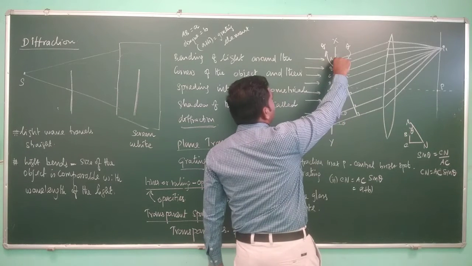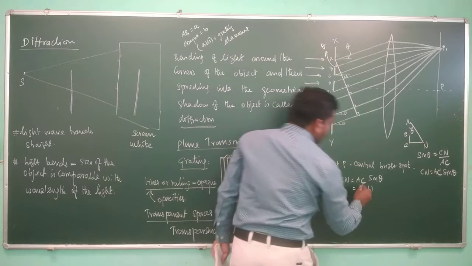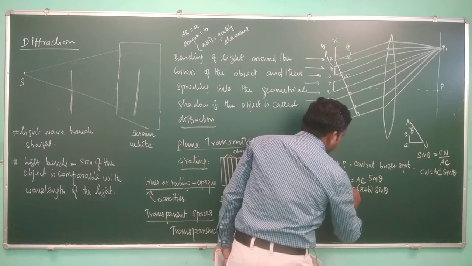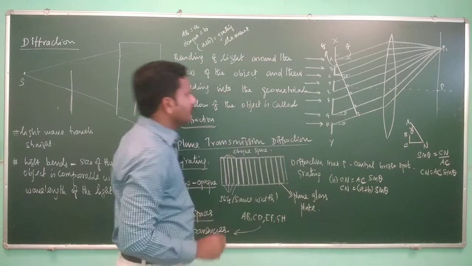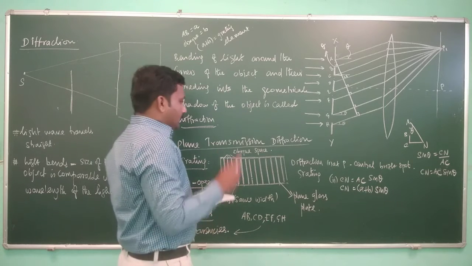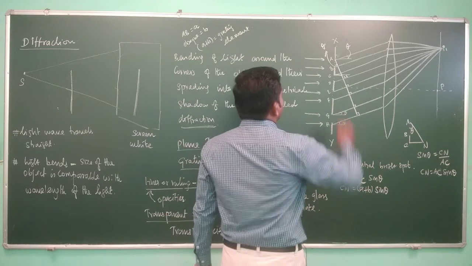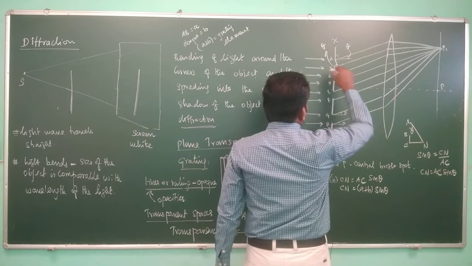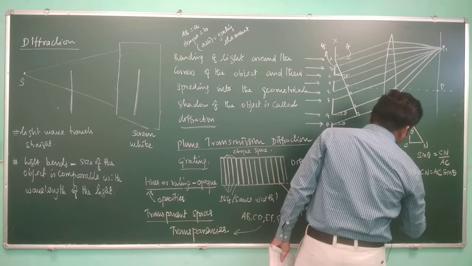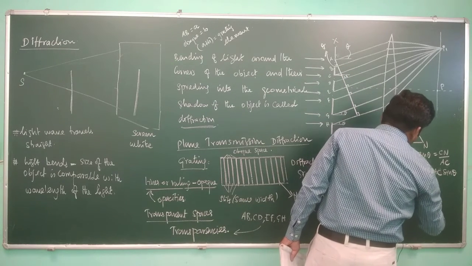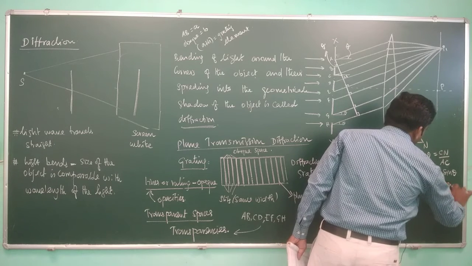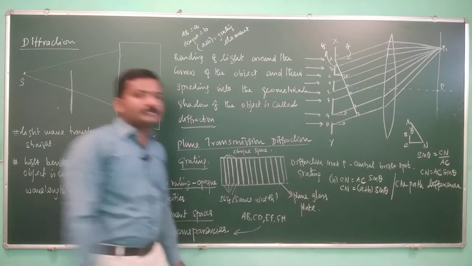AC is nothing but AB plus BC, so CN equals (a plus b) sin theta. Now this CN is nothing but the path difference.